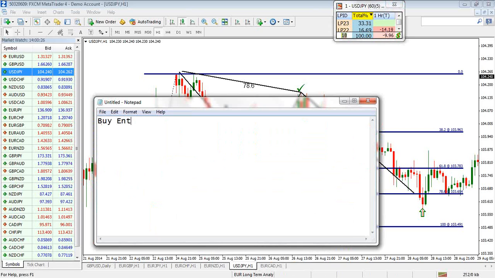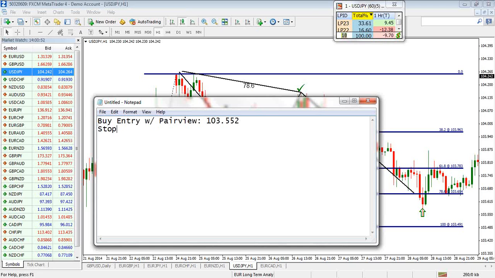So the buy entry with the pair view, waiting for the +5, occurred at 103.552.